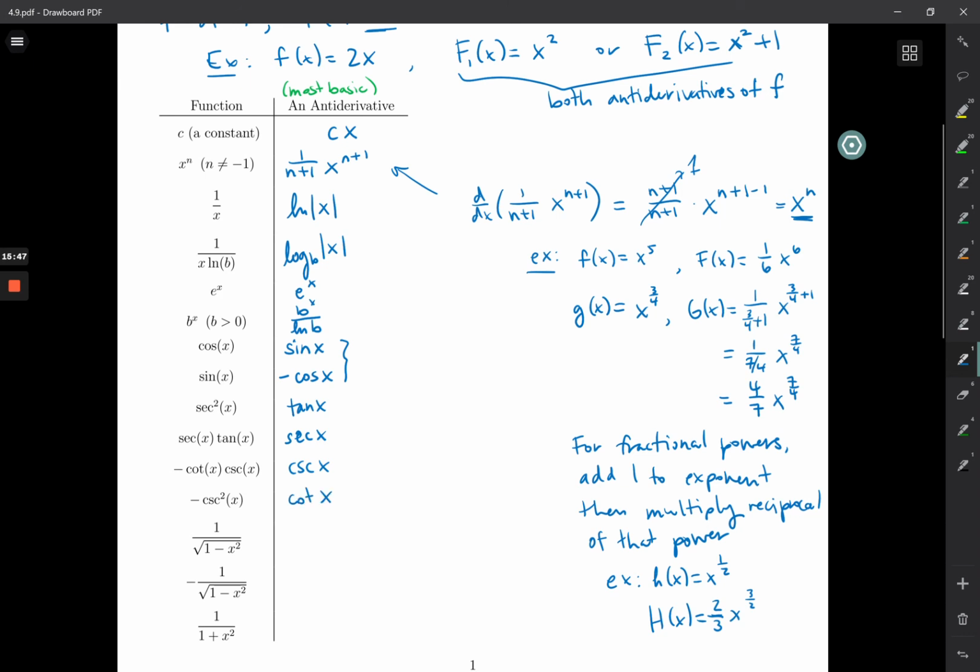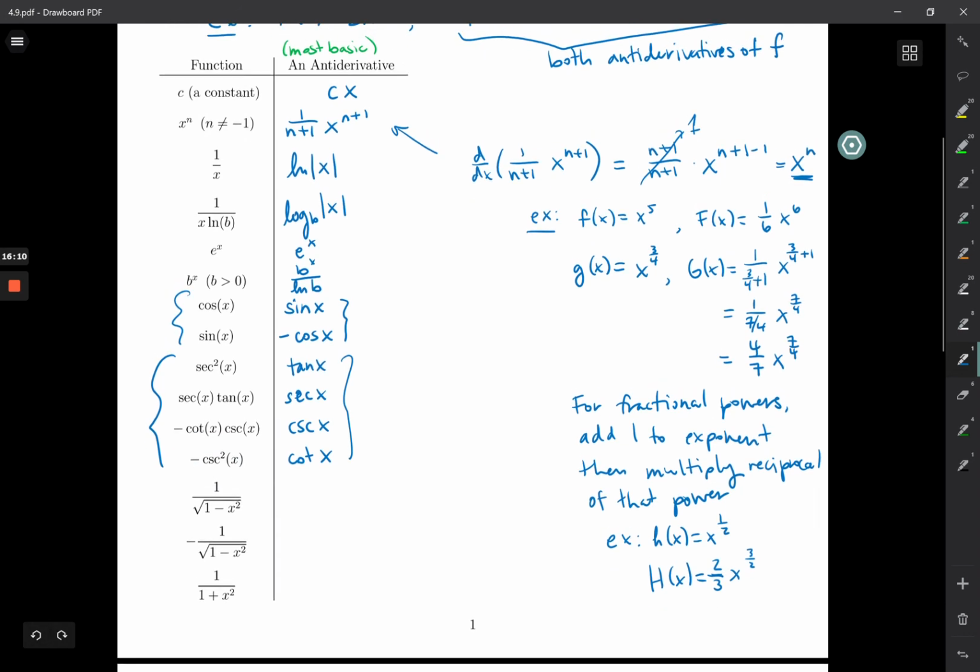There we go. So notice these, at least these, maybe actually all four of these, are exactly the derivatives of these trig functions. Most of the time you won't see this exact form. I mean, you may, but these ones are really more useful, I would say.